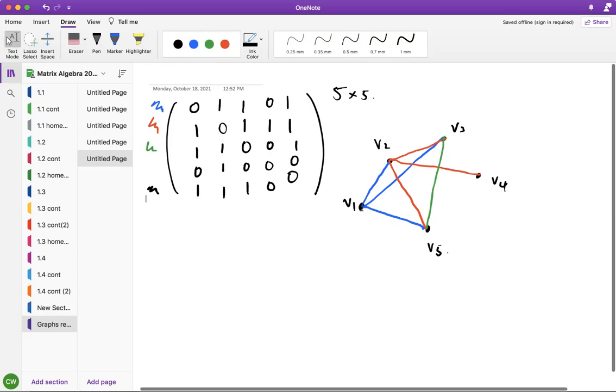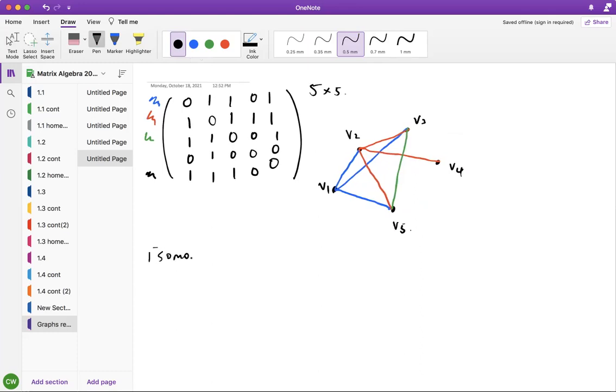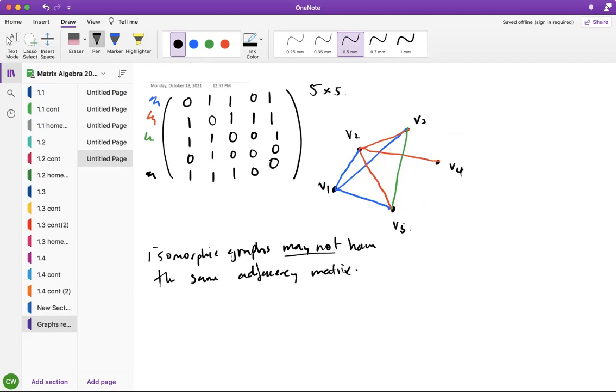So now one thing to notice is that isomorphic graphs may not have the same adjacency matrix. Why is this? Well, look at V4.